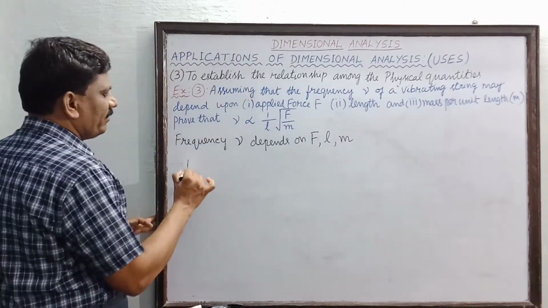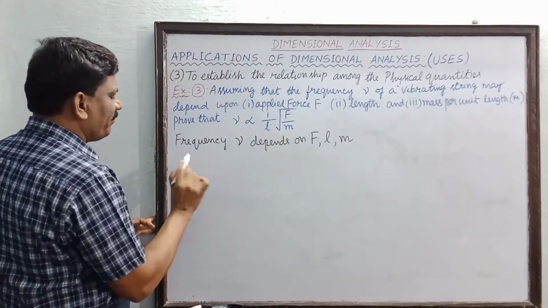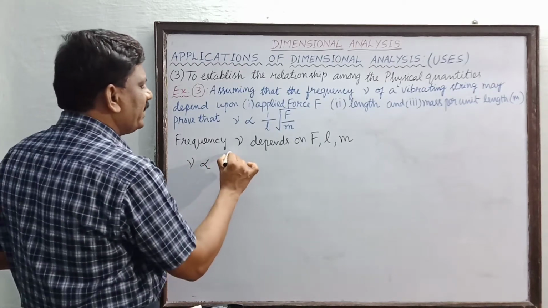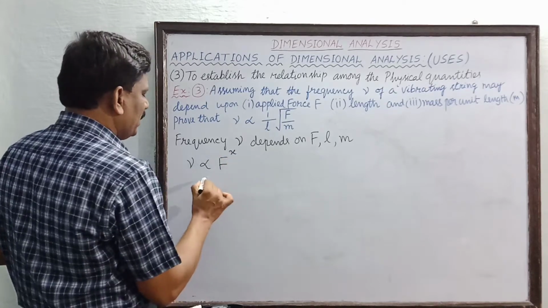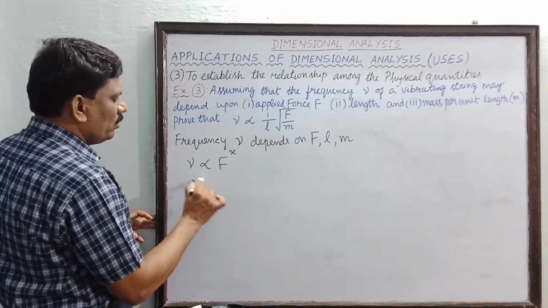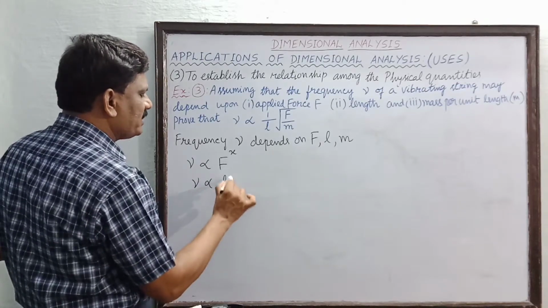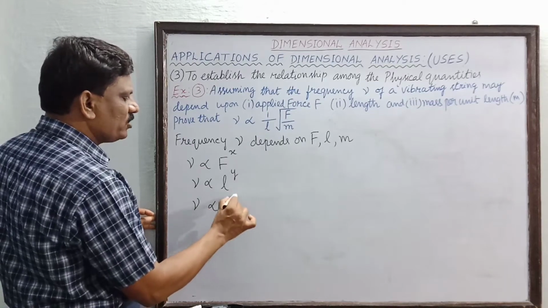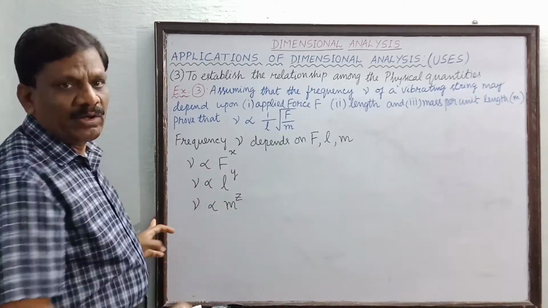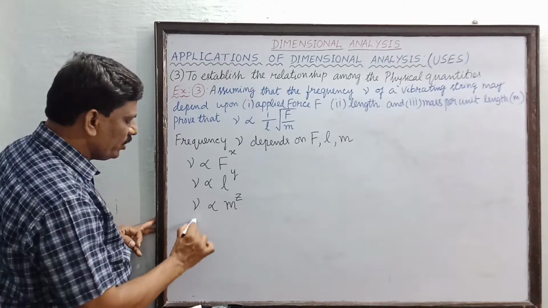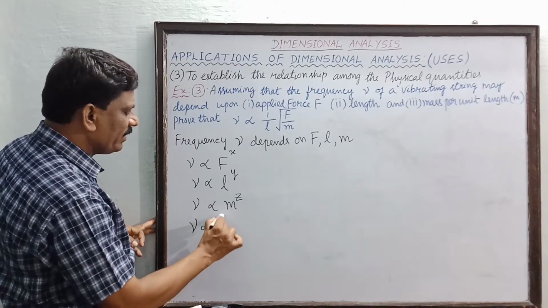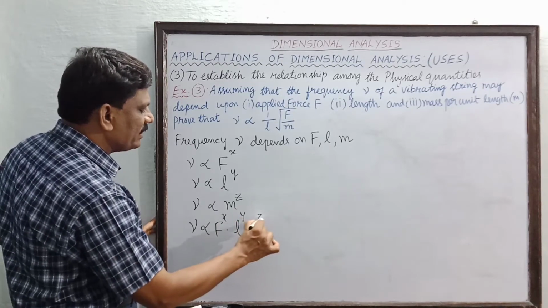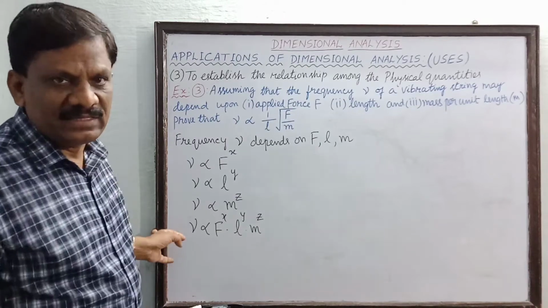So the frequency nu is proportional to F raised to the power x, nu is proportional to L raised to the power y, and nu is proportional to m raised to the power z. Combining all three, the frequency nu is proportional to F power x into L power y into m power z.